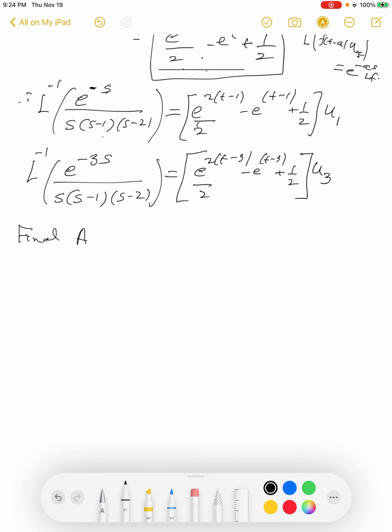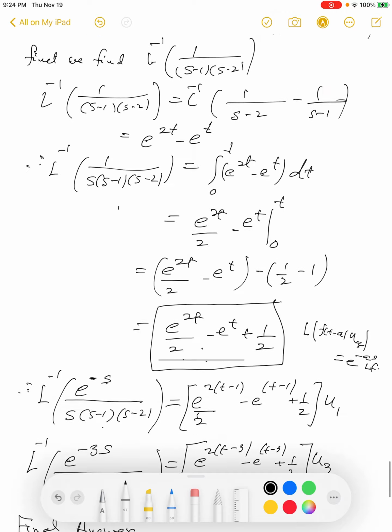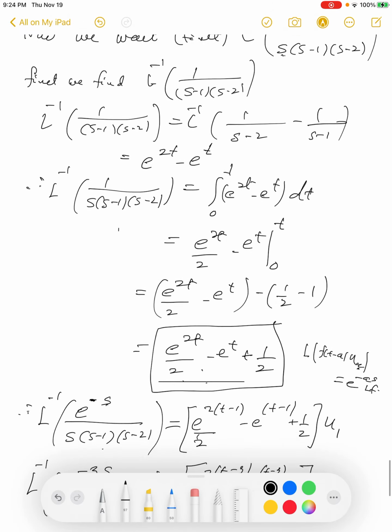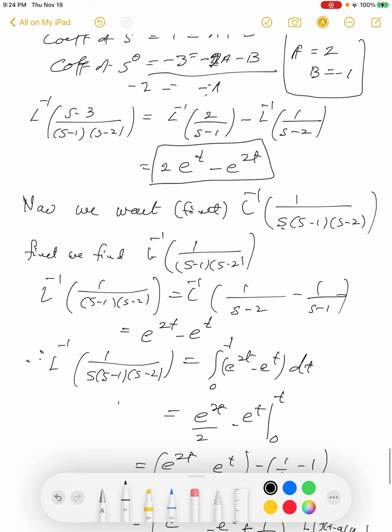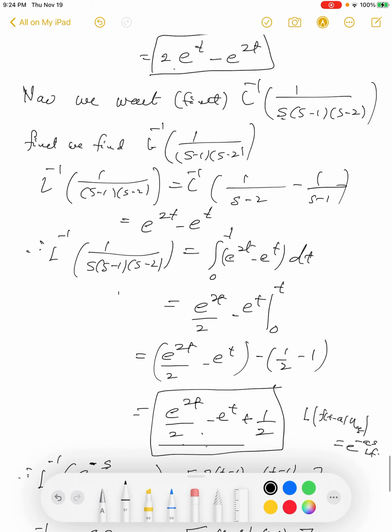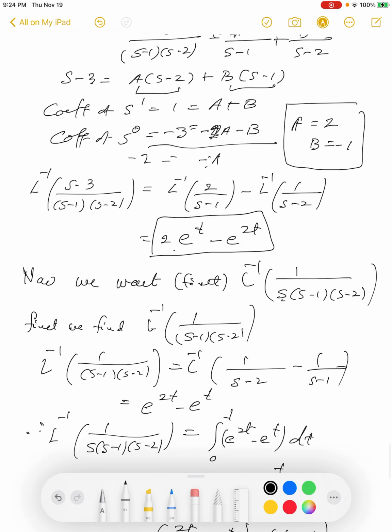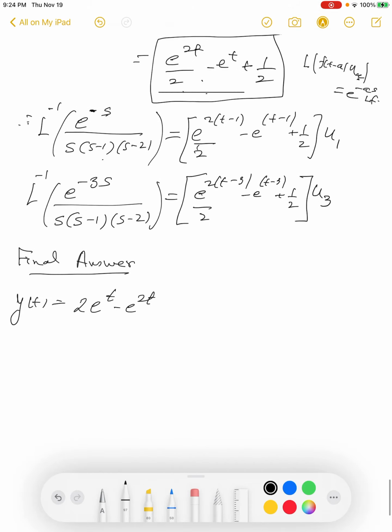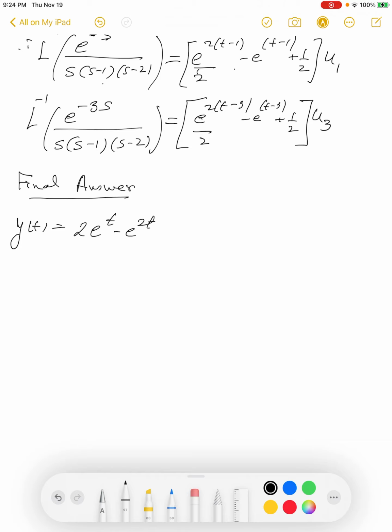So final answer is going to be y of t. Now let's go back and see, it's the sum of the first two and the third one is subtracted. This one we evaluated, where did it go? It is 2e to the t minus e to the 2t. That was our inverse Laplace transform of the first term, and then plus this minus that.